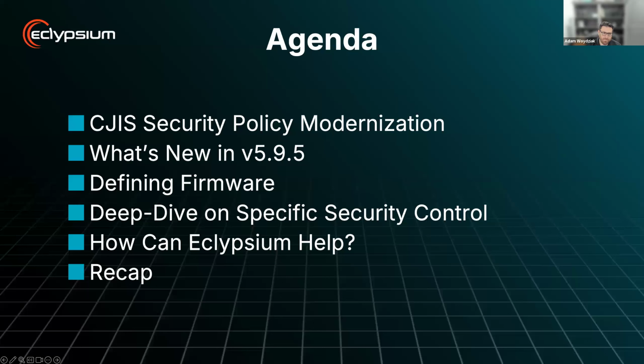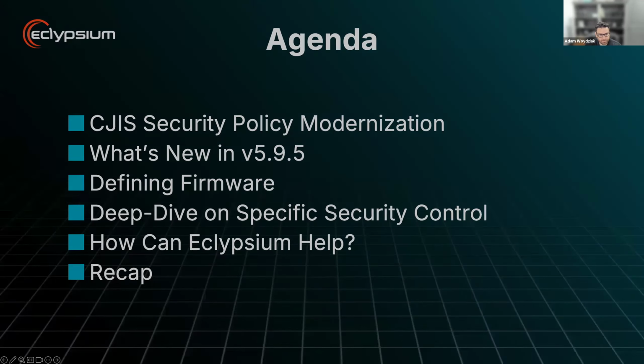I'm going to take a step back and define what firmware is, because after that, I'm going to deep dive into some specific security controls, focusing on firmware, device, and component level security. Then we're going to talk about how Eclypsium can help you meet some of these security controls, and then we'll do a quick recap. If we have a minute or two, maybe some Q&A. Feel free to drop any questions in the chat as we go, and I'll try to address those at the end.